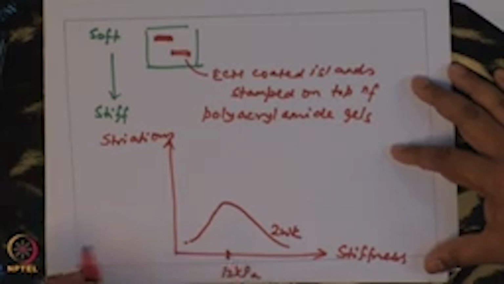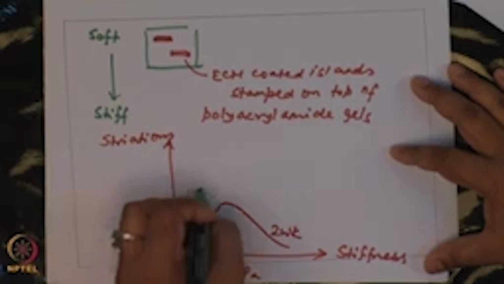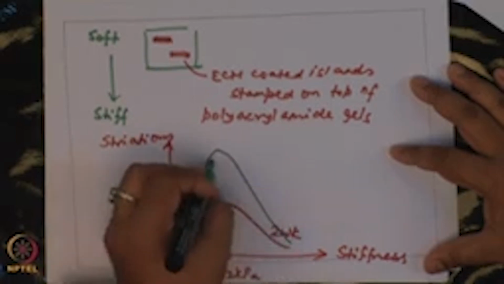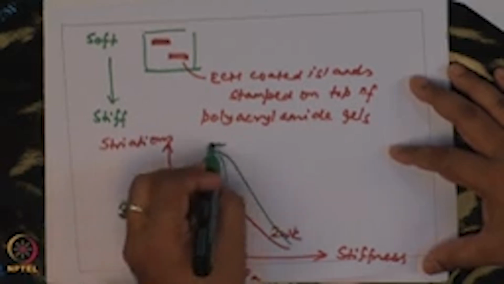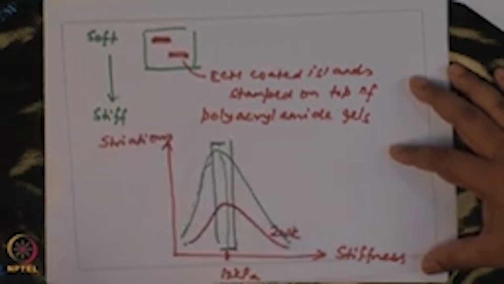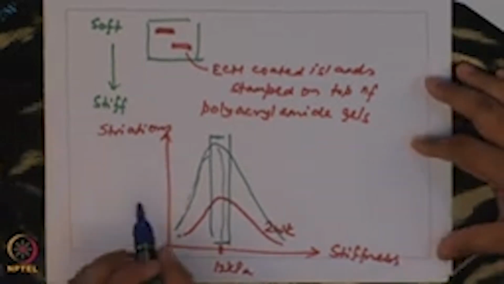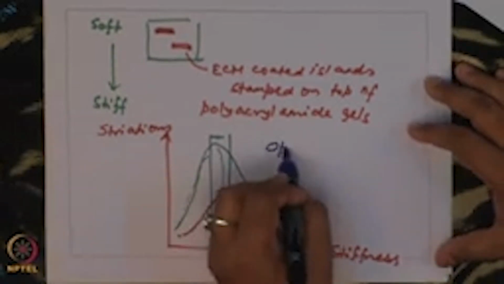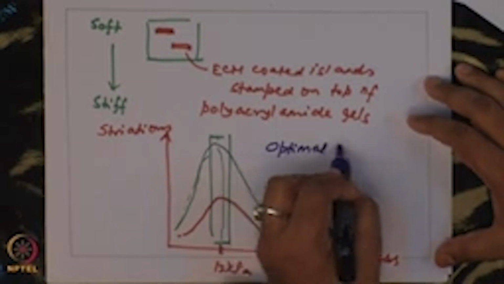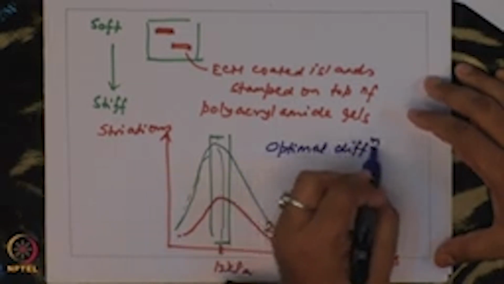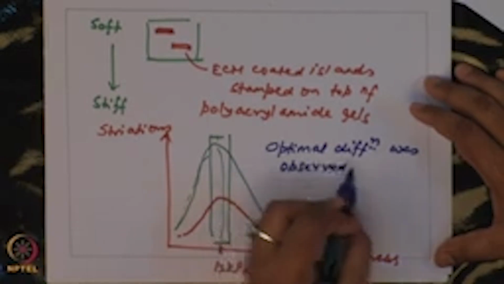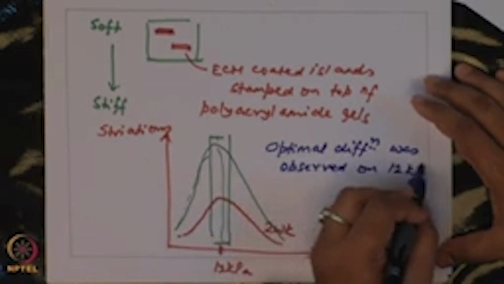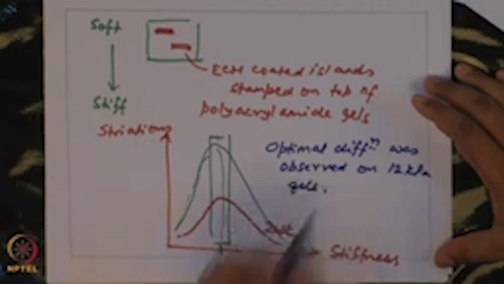And as time went on, the differentiation profile grew even more prominent, but the position of the peak remained unchanged. Okay. So, this zone on which the cells optimally differentiated, so optimal differentiation was observed on 12 kPa gels. Okay.